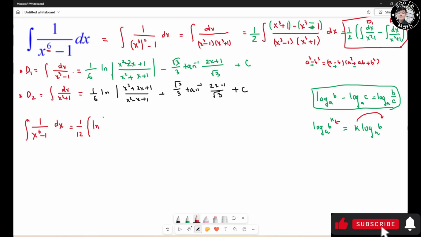Natural log of absolute value of s squared minus 2s plus 1 over s squared plus s plus 1, minus natural log of the bottom one right here, absolute value of s squared plus 2s plus 1 over s squared minus s plus 1. Close parenthesis.